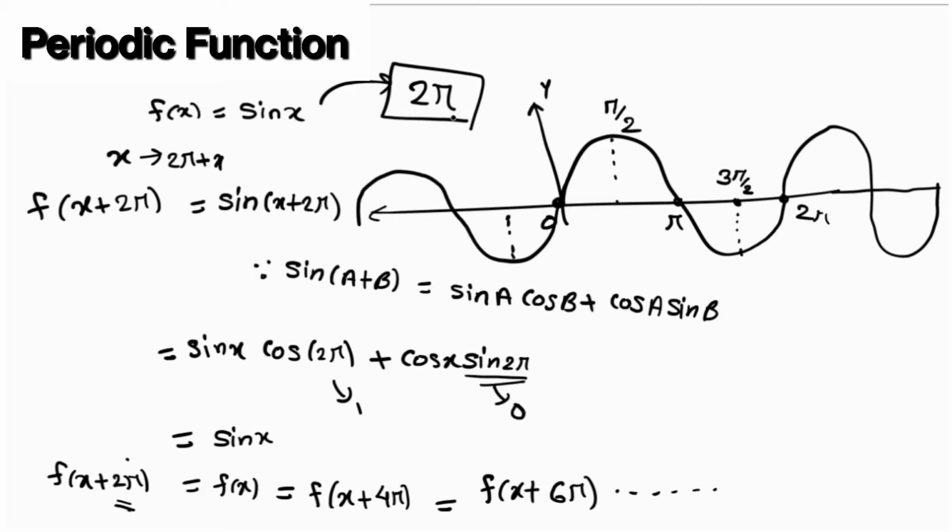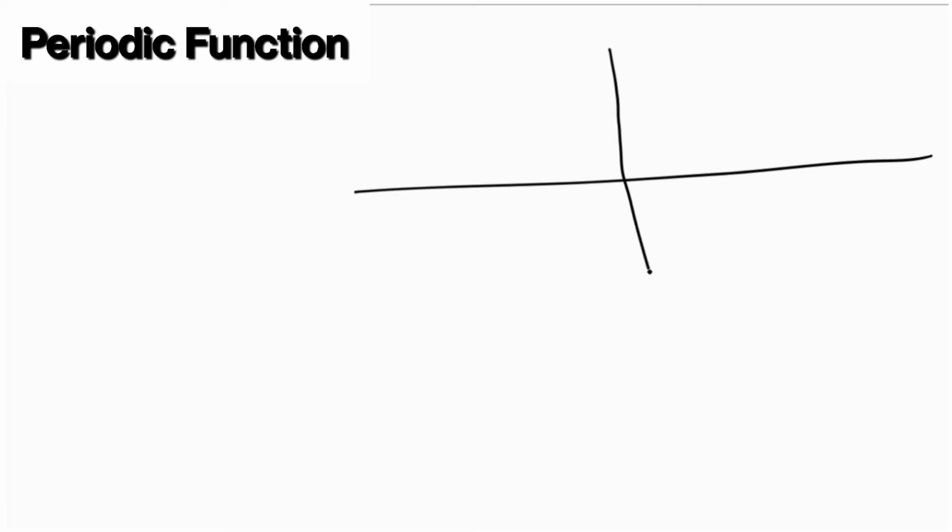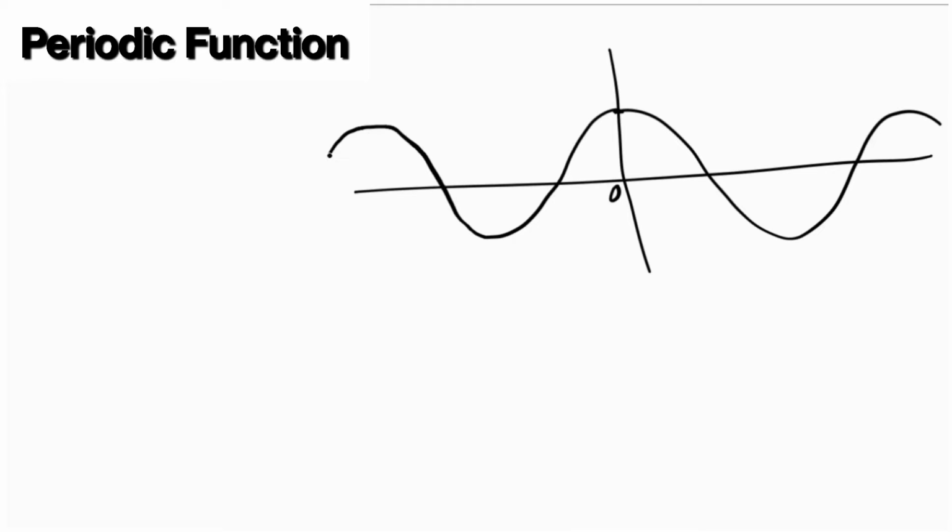Now in case we consider cos x, again you will get the same wavy curve, with slightly different values, but the same type of wavy curve. For cos, if we draw the graph, cos 0 is 1, and if we draw the curve, in this way you will get a curve. Observe this graph: at fixed intervals, you will get the repeated value.